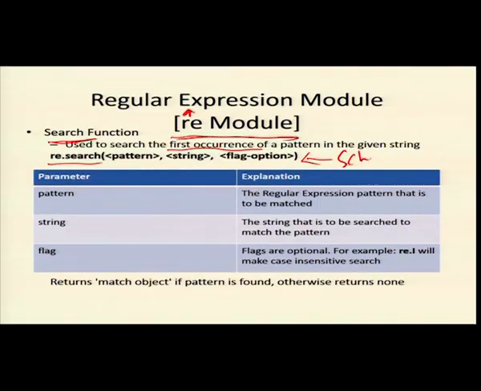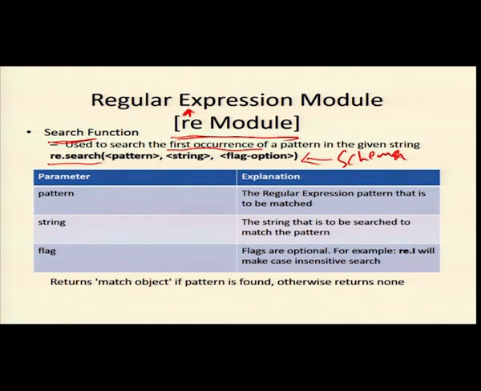It is the schema. The schema of regular expression for searching is given as re.search within braces: the pattern that is to be searched, the string, and the flag option.